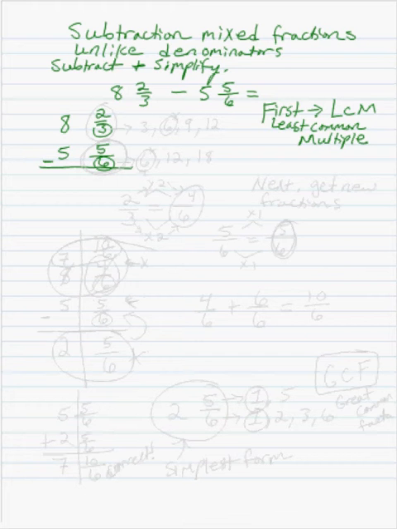To find that, we need to list the multiples of 3, which 3 times 1 is 3, 3 times 2 is 6, 3 times 3 is 9, 3 times 4 is 12, and then the multiples of 6, 6 times 1 is 6, 6 times 2 is 12, 6 times 3 is 18, and I can see that we already have the lowest common multiple is 6.